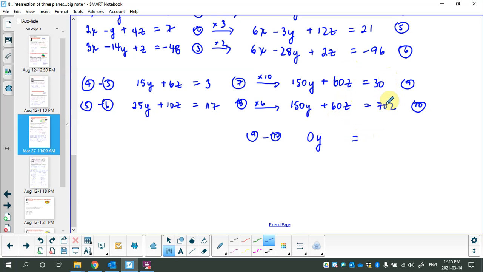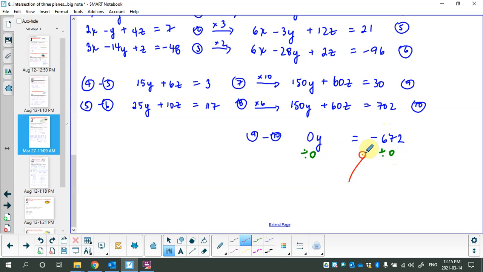And I've got 30 minus 702, which is negative 672. So when I go to get the y by itself, I get something that is illegal, because I'm doing negative 672 divided by 0, and you should know that you can't divide by 0.